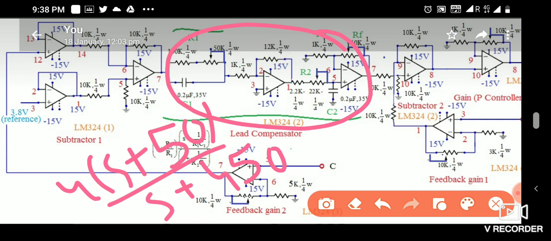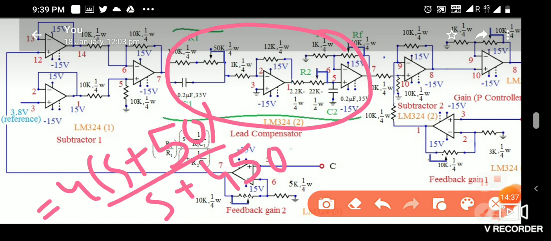So if you check the transfer function of this op-amp based lead compensator, you will see its transfer function will come like this. Using the trial and error method, we will choose the resistance and capacitance values such that it comes as 4 into s plus 50 by s plus 450.